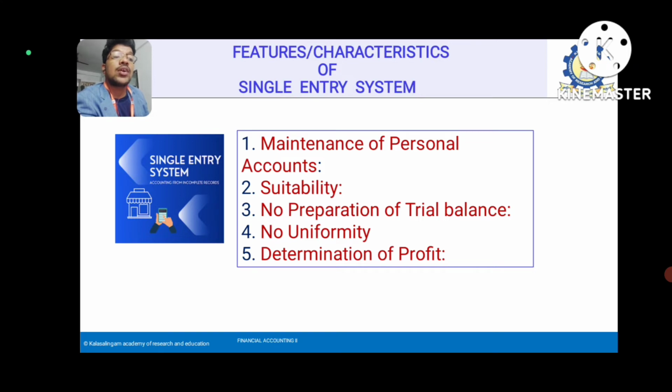Recording is done according to the convenience and information needs of the user of accounts. Another feature is determination of profit. Under this system the profit or loss can be found out, but its composition will not be available.